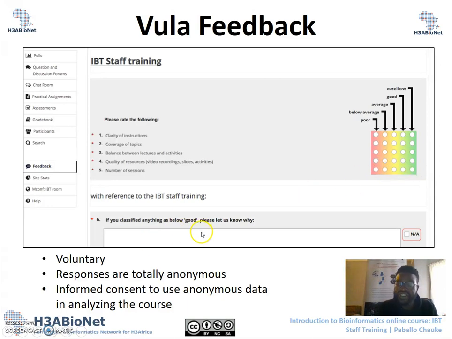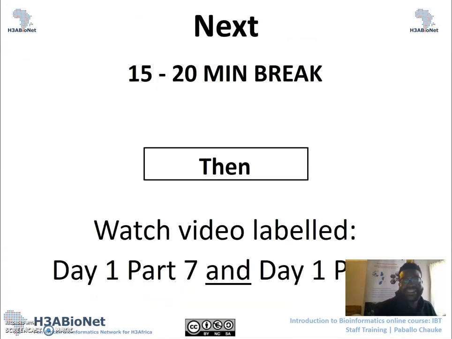And then there are going to be questions at the bottom where you can either click NA or type in whatever answers you want. Again, I repeat, it's voluntary and it's going to be anonymous, so your anonymity and identity is going to be protected. Kindly take some time at the end, either today or before the end of the week, to fill in the feedback form.